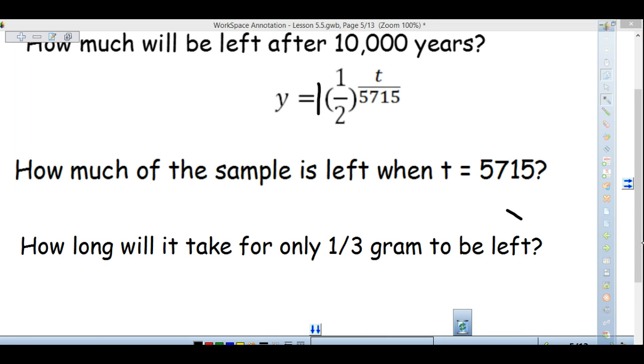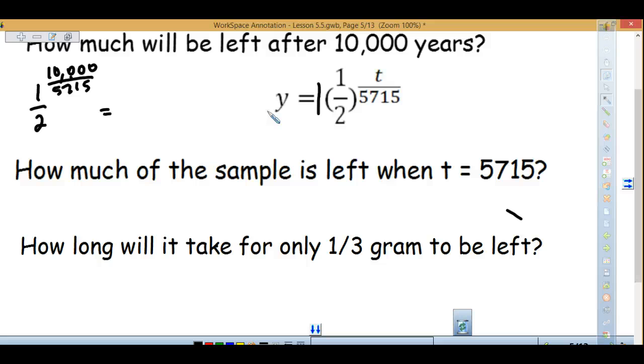Okay, so after 10,000 years, I would want to go ahead and just plug in 10,000 for t. So 1/2 to the 10,000 divided by 5,715. So 10,000 years is not quite 2 full half-lives.